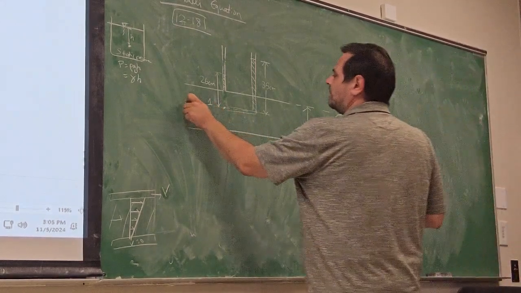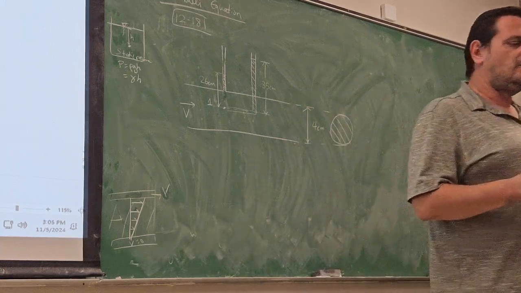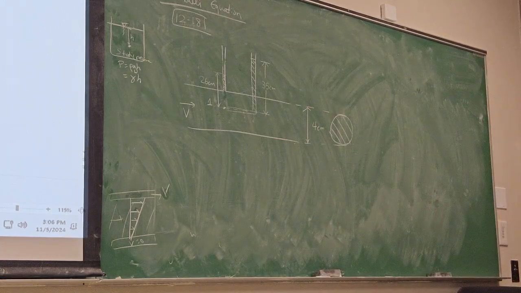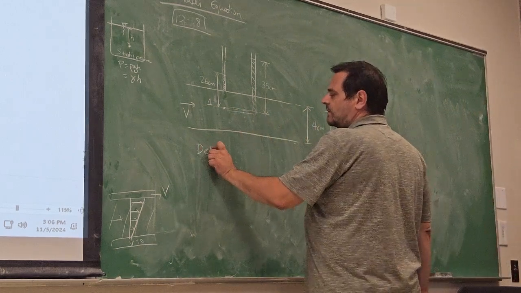So the liquid in the pipe, or the water in the pipe, is V. Actually, determine the velocity at the center of the pipe where those are located.